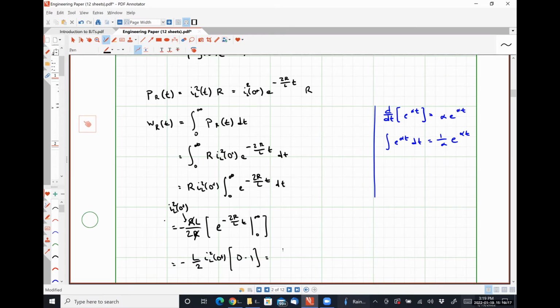So this becomes 1/2 L IL squared, which we know for sure to be the amount of energy stored by the inductor. So our guess value for how this behaves has to be true because we've satisfied the law of conservation of charge, law of conservation of energy, all that kind of good stuff, okay?